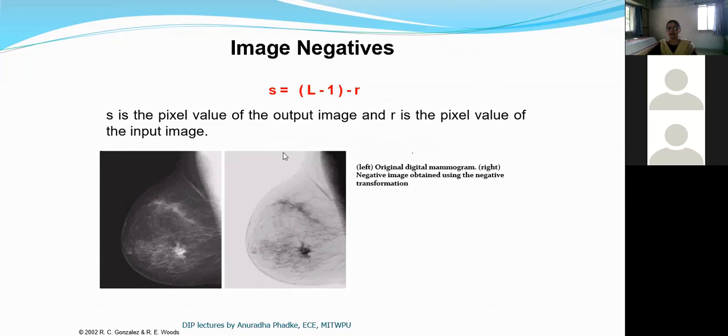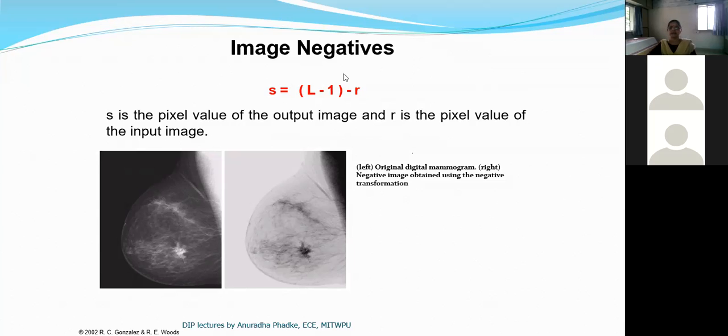So all the pixels in this particular region are replaced by the bright gray value, which is 245, if we assume this level as 10. Similarly, we subtract each and every pixel value from 255 and we get this image negative. And if you look at this image negative, you can easily identify the abnormality.